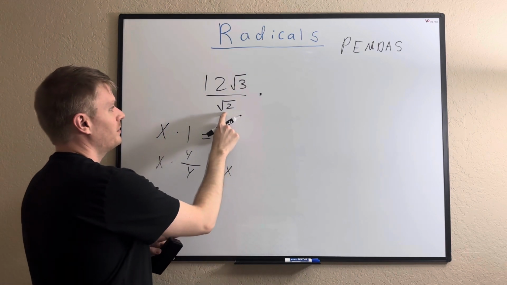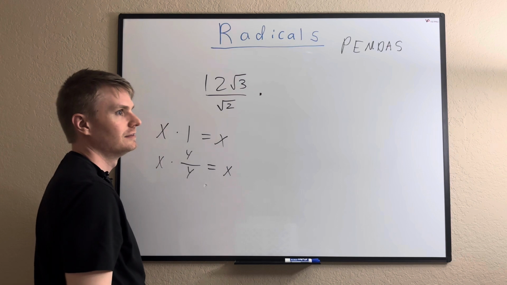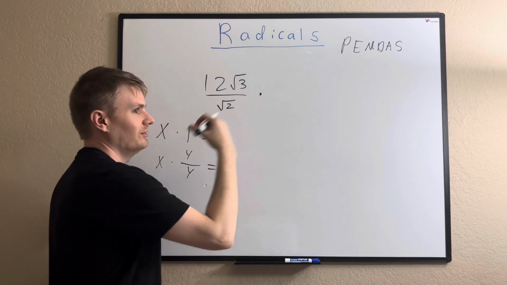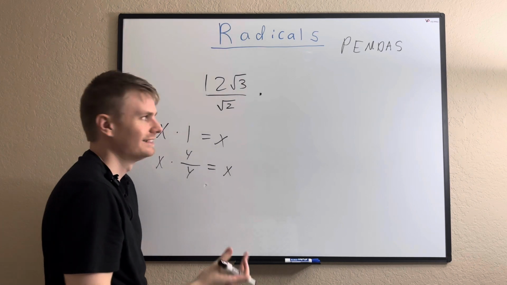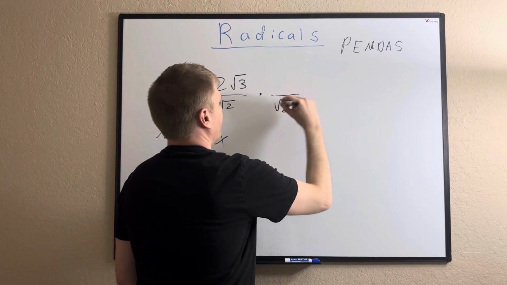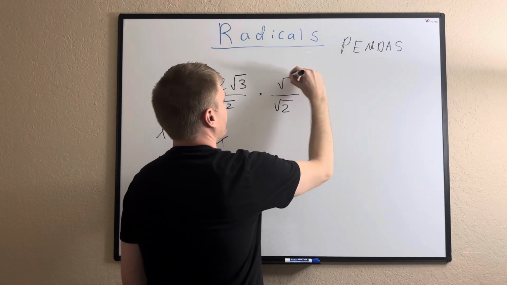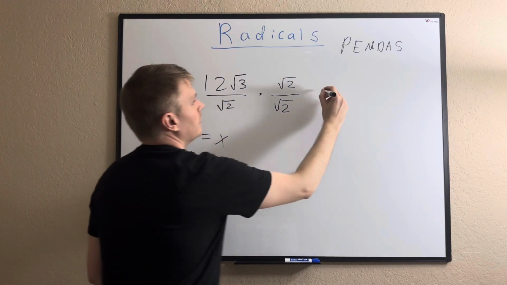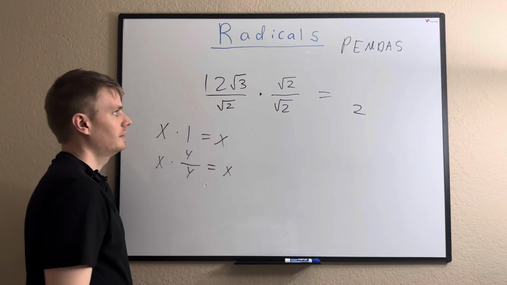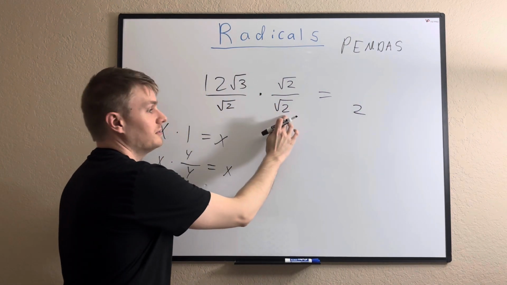So we have to choose a number that will get rid of the radical. Well, if you multiply a radical by itself, you'll get rid of the radical, right? Because radical 2 times radical 2 will give you a 2 in the denominator. Because that would be 2 times 2, which is 4.